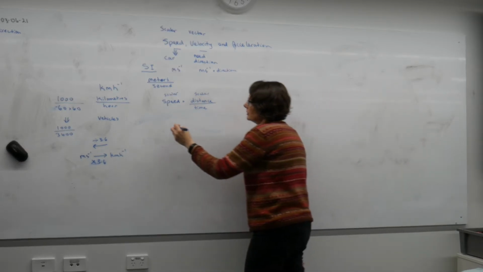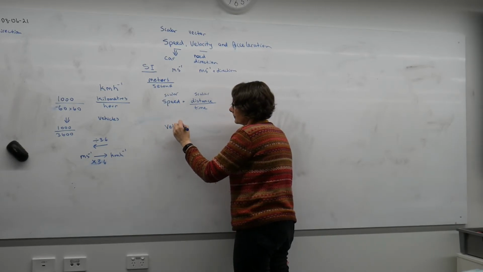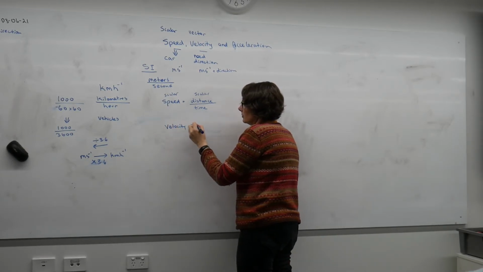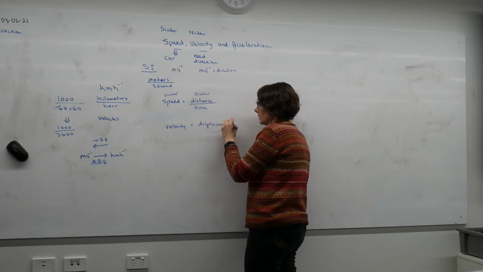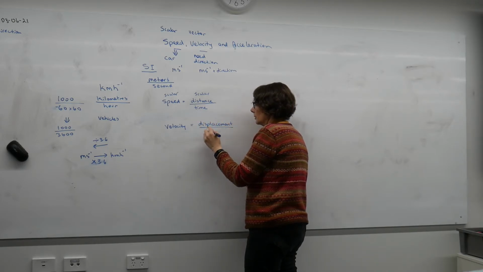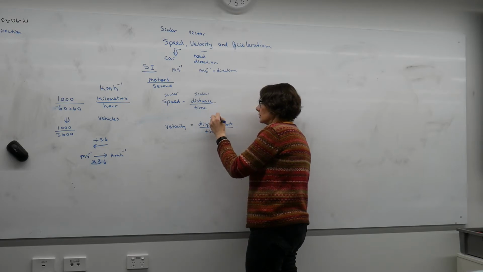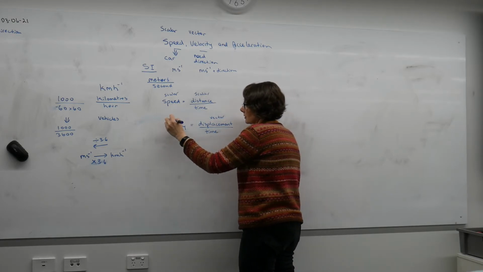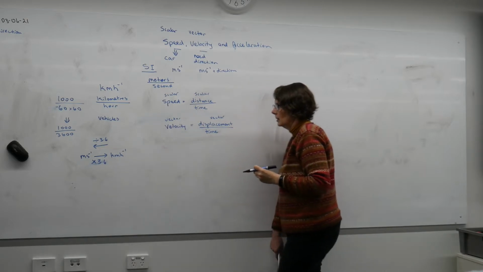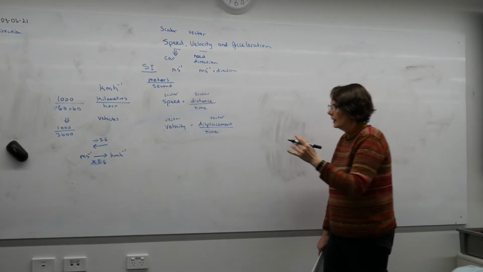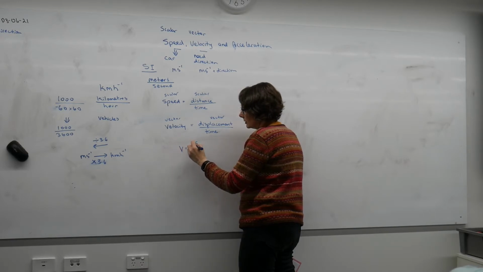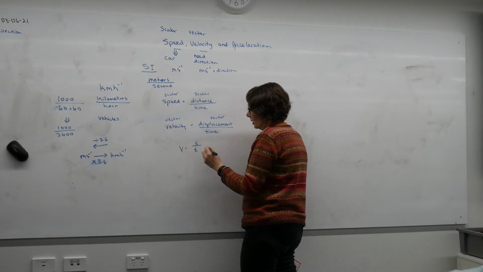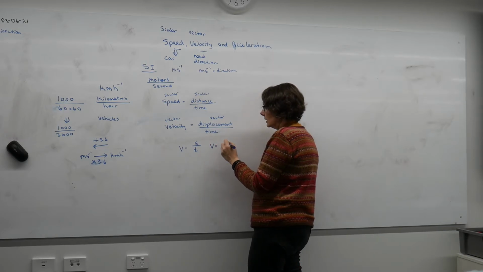But our velocity is equal to displacement divided by time. So this is a vector and this is a vector. And we often will see this represented as a formula: V is equal to S over T. It could also be V is equal to delta S over delta T.